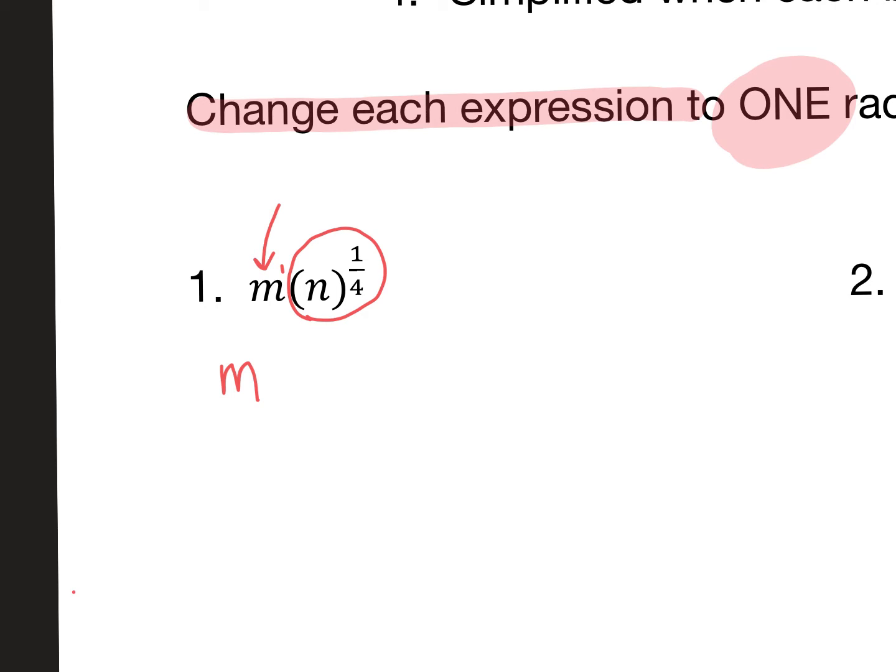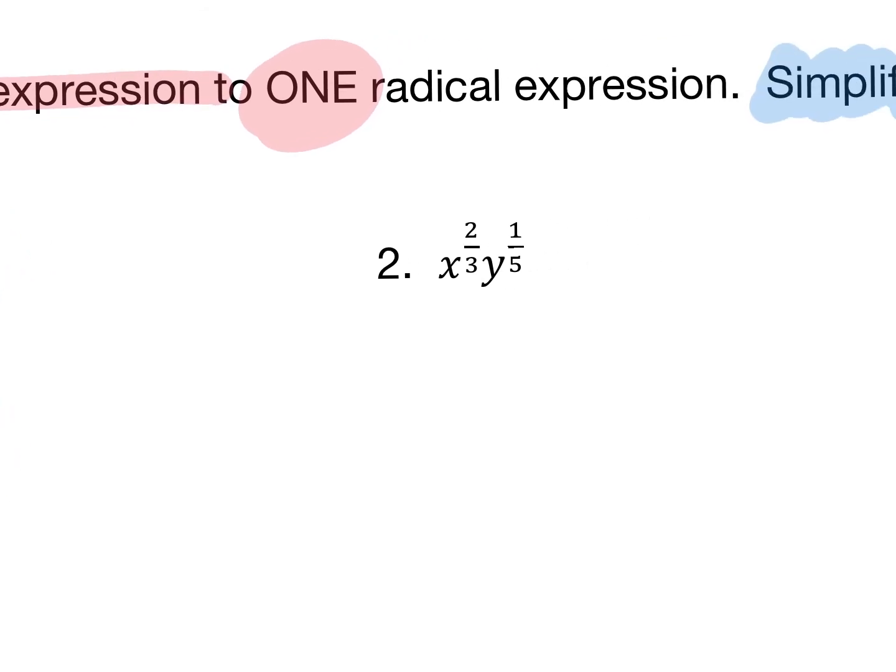I'm supposed to have a radical. I don't have a radical right now, so I'm going to write it as the 4th root of n to the 1st. You aren't even required to write that little 1 right there. If you just want to write it as m times the 4th root of n, totally fine. That is the answer.